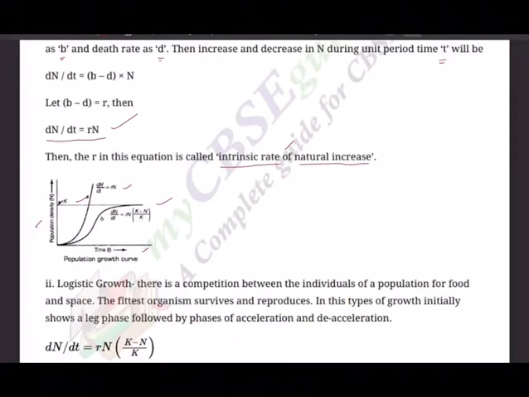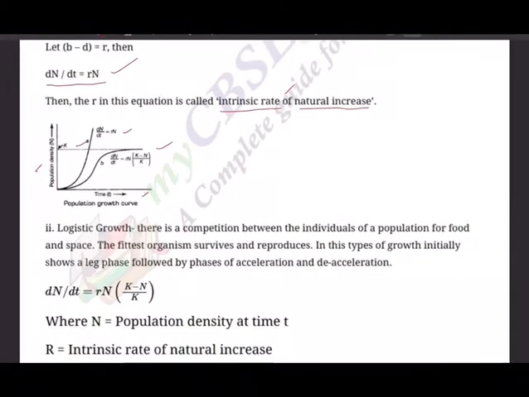Then we say logistic growth. In logistic growth, there is competition between the individuals of a population. What is the fight among the organisms for? Naturally for two things: for food, and for space, as the ecosystem has limited space. Once the food becomes limited and the space becomes limited, it is survival of the fittest.